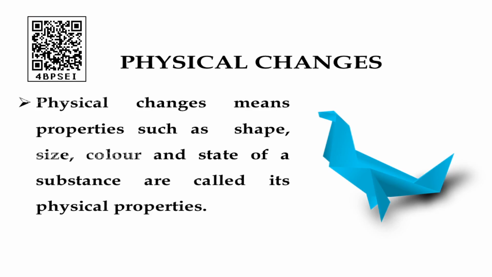Properties such as shape, size, color and state of a substance are called its physical properties. A change in which a substance undergoes a change in its physical properties and no new substance is formed is called a physical change.